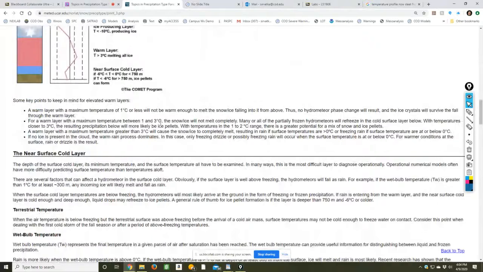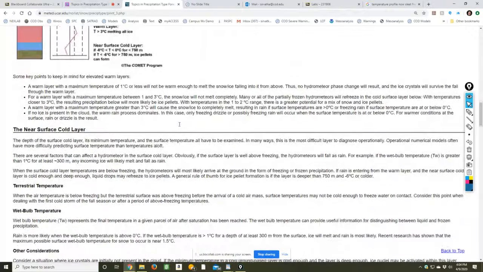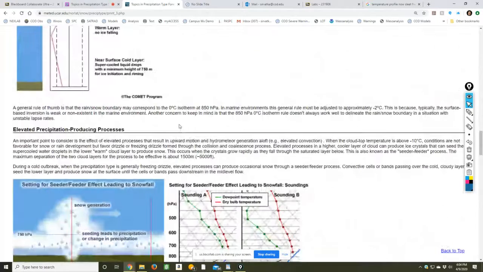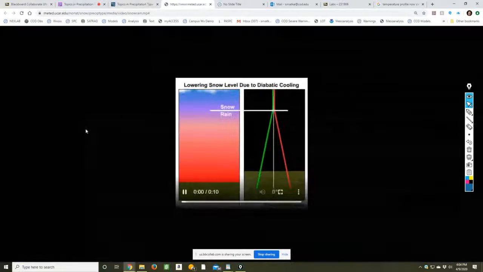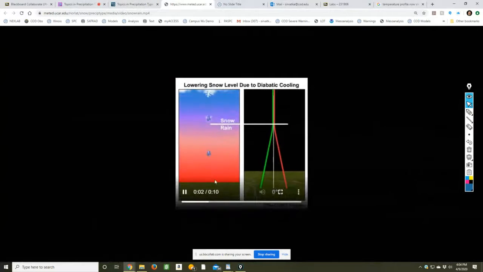Here's some key points to understand that and what it does, but you can go ahead and take a look at this. This one's kind of interesting. If we look at this, the snow falls, it hits temperatures above freezing and it melts. But because it's drying and evaporating, that raindrop starts to cool.